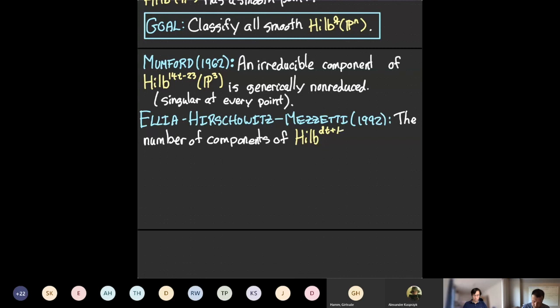So they're going to write the Hilbert polynomial, emphasizing that the leading coefficient is the degree, and writing the constant term in a way that you can see the arithmetic genus. They do this for space curves.